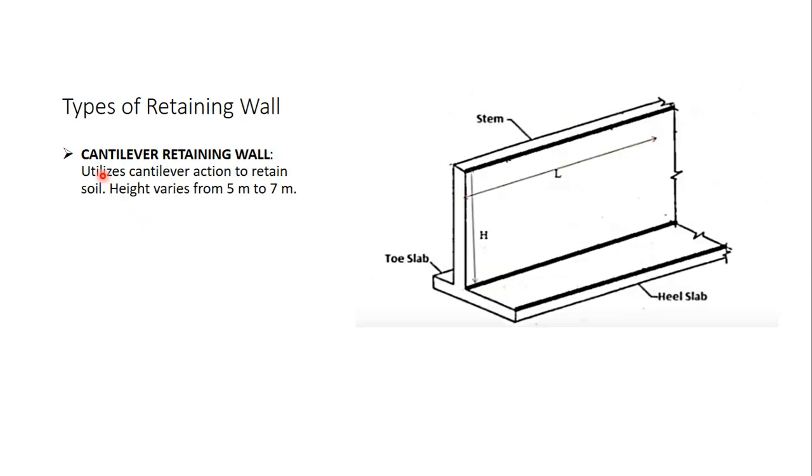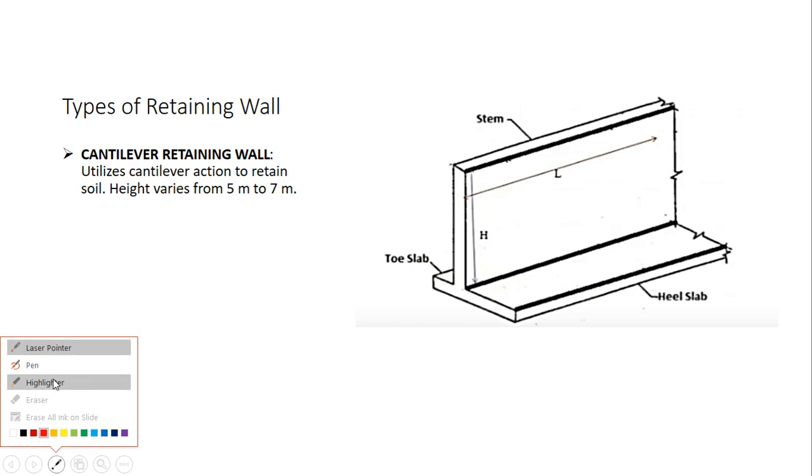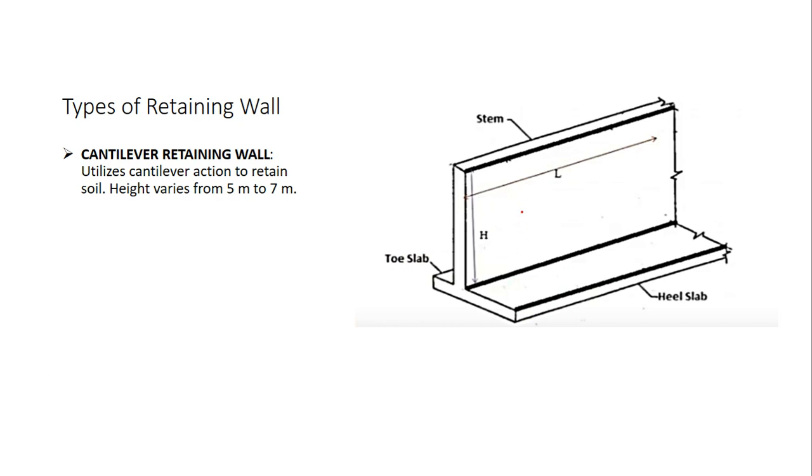The other wall is cantilever retaining wall. From the name only you can make out that these walls make use of cantilever action. As you can see over the figure, this is called the stem of the cantilever wall. This is the heel slab and this part is called the toe slab. Now what is a heel slab? The heel slab is the one which will hold the backfill.